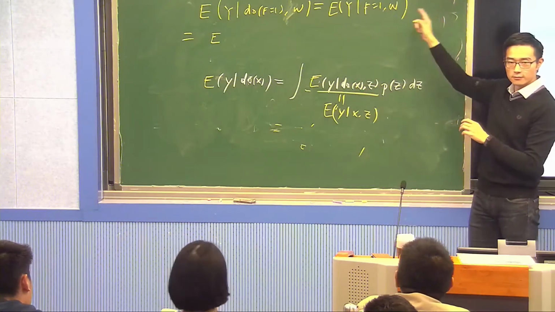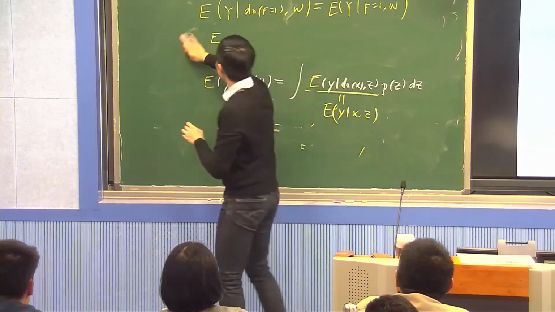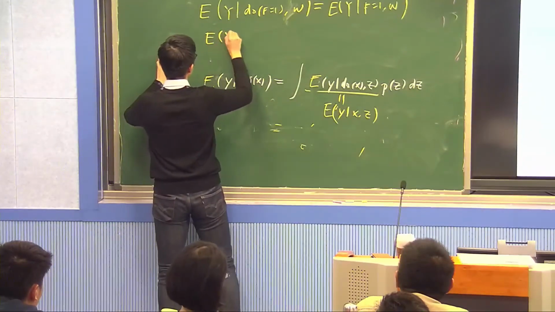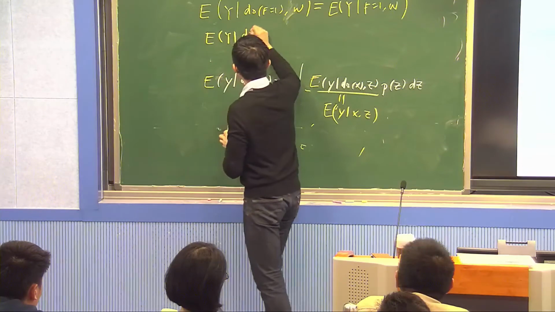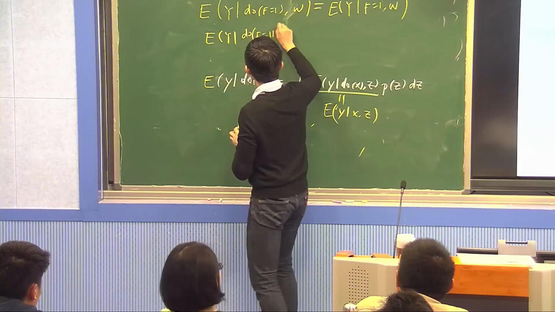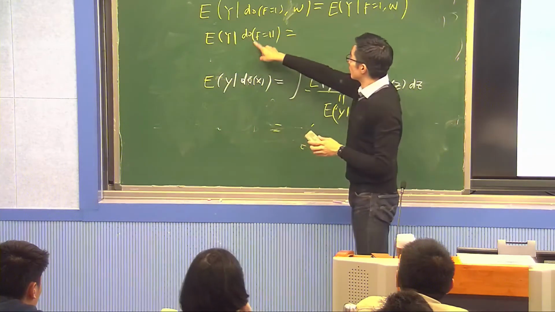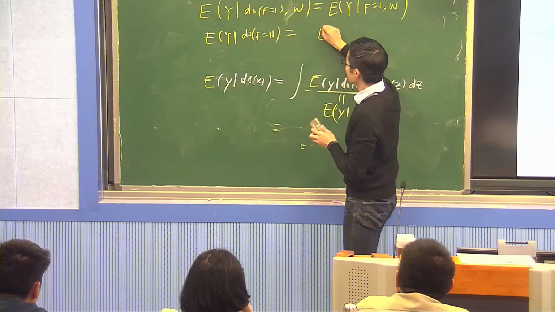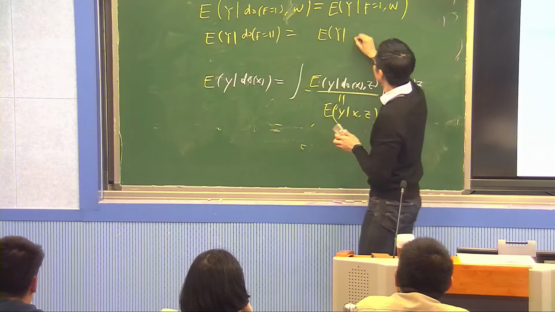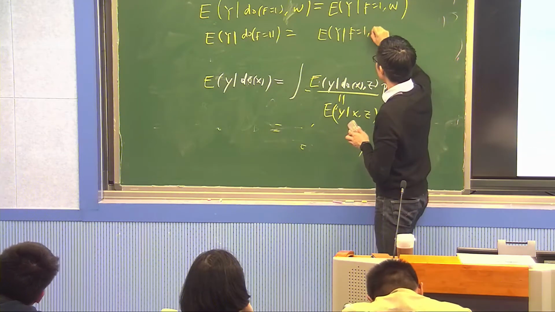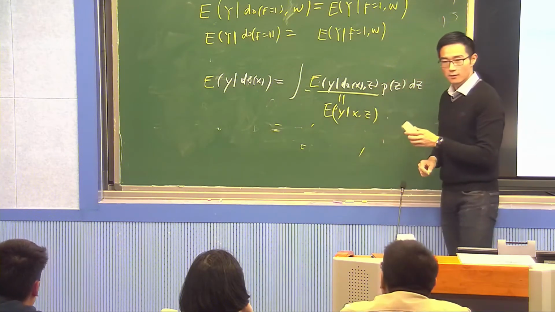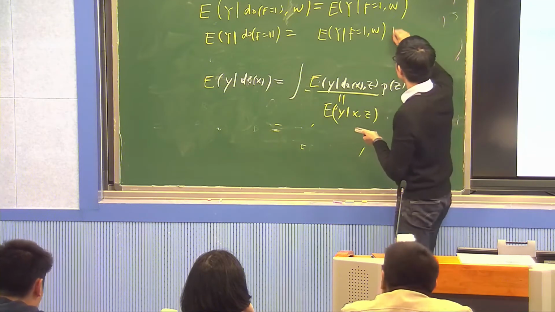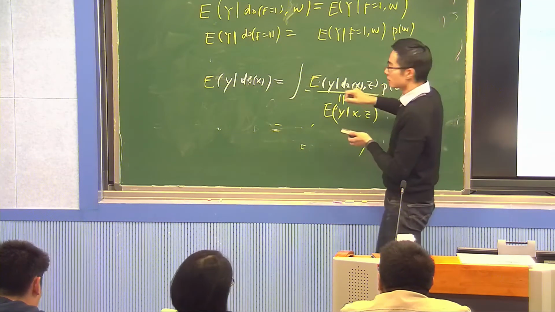The second thing it tells me is, if I just want to write E(y | do(f = 1)), it is E(y | x = 1, W), but integrated with respect to P(W).